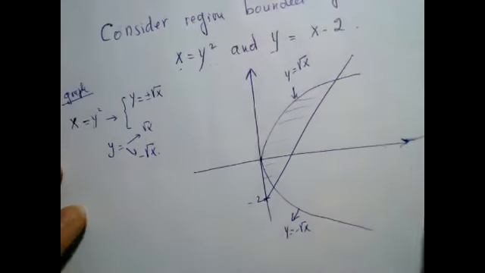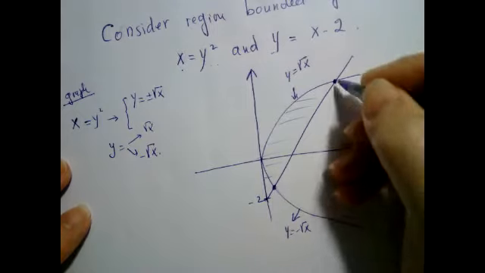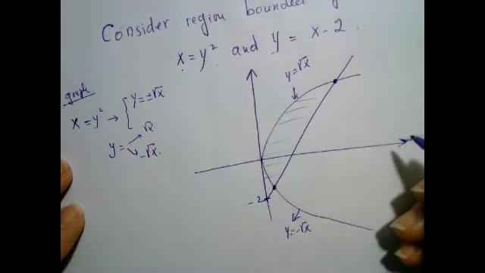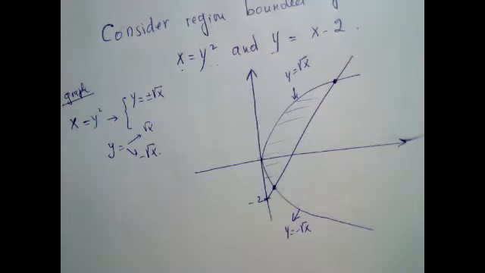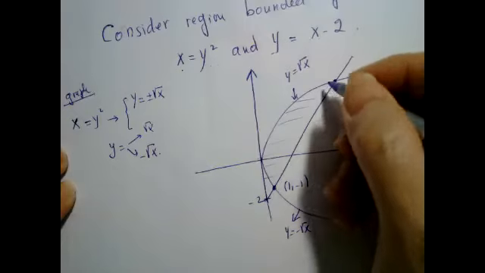Okay. Now, the intersection points, I will just give them to you now. I will show you later how to find them. The intersection points are the following: 1, minus 1, and 4, 2.